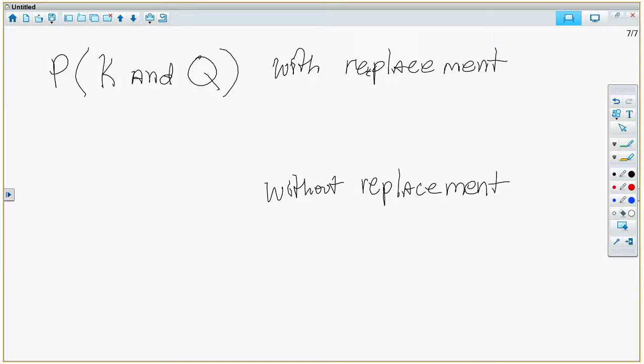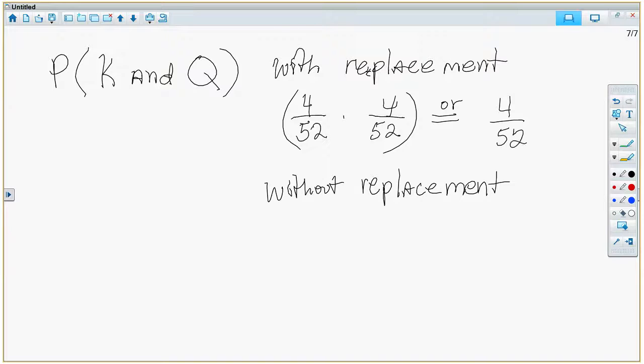Somebody tell me what the denominator here is going to be. What's this one going to be? 52. Okay? And how many kings are there in a deck? 4? And there's 4, and I multiply it. Well, I can do that, or I can say 4 over 52 raised to the what? Second power.